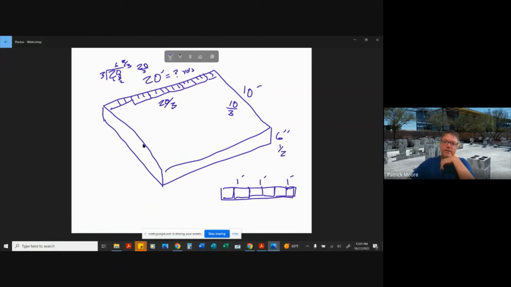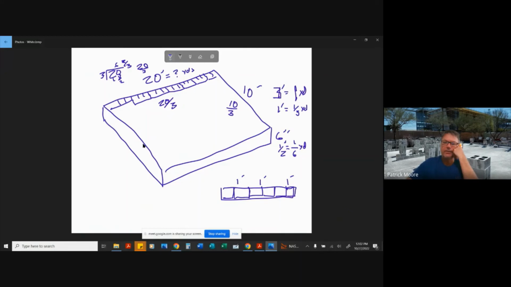So 6 inches would be half a foot. It'd be 1/6 of a yard. So 3 feet equals 1 yard. So 1 foot equals 1/3 of a yard.